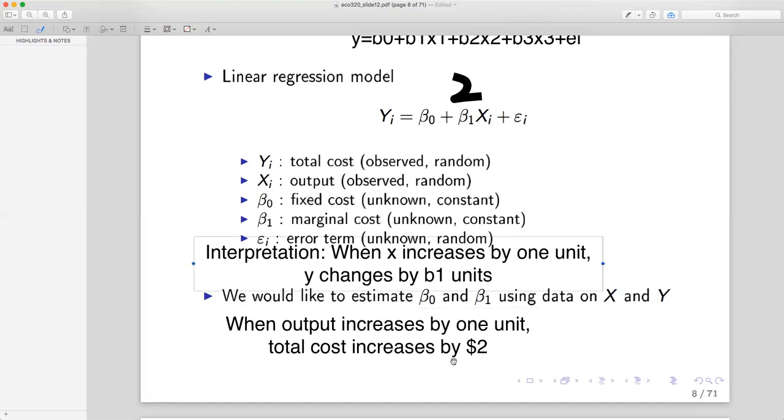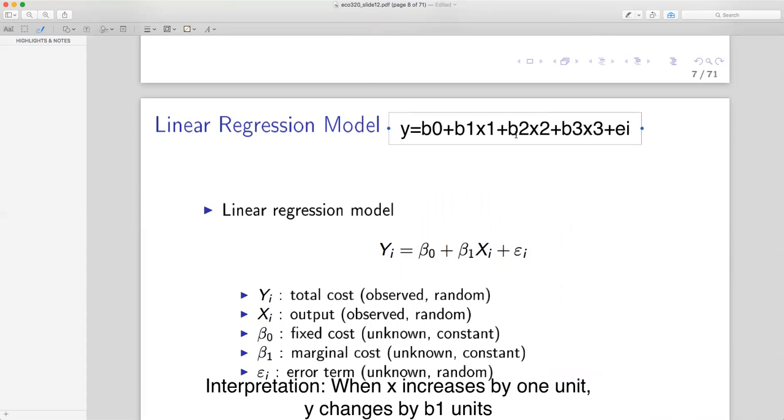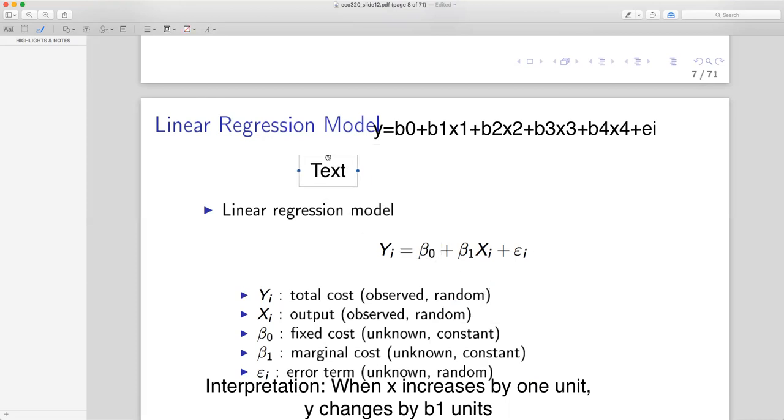So you can apply this interpretation for your project when you are doing the simple linear case. But let's say I'm interested in the multiple regression model, which most of you are going to choose, because I asked you to choose more than 3 variables, so you might need X1 through X4.